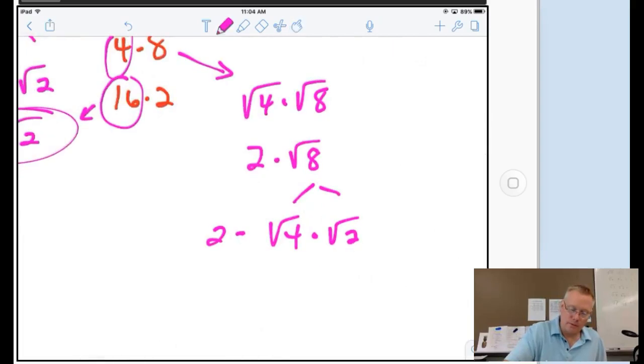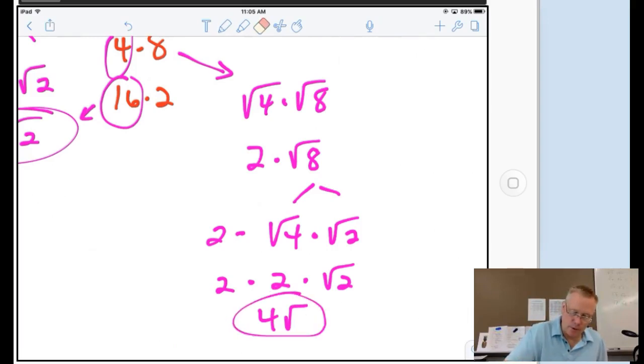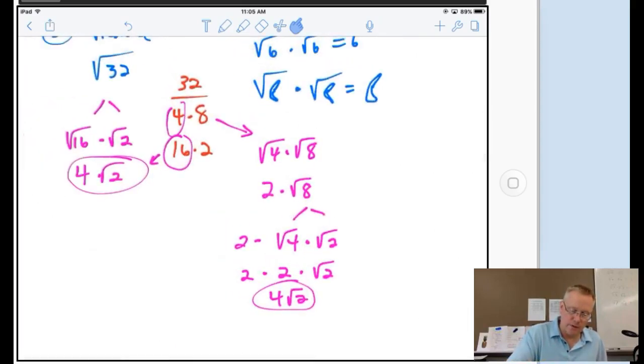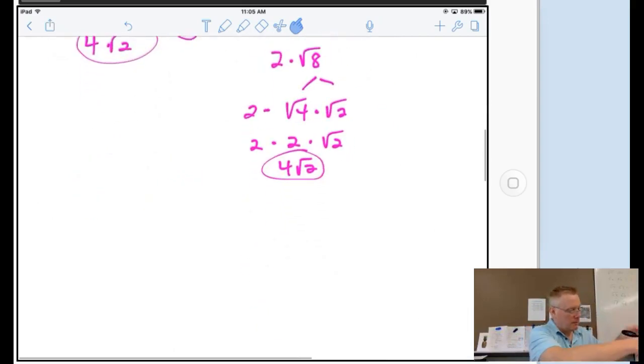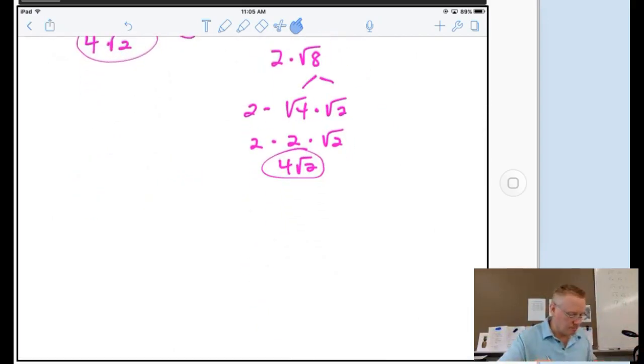And then I can take the square root of 4, which is 2. So I got 2 times the square root of 2, and 2 times 2 is 4. So notice how I got the same answer this way as I did with the 16 and the 2, but this way was much shorter. Okay, so that's why I said, do it that way if you can. Pick the biggest square root. All right. Number 3.